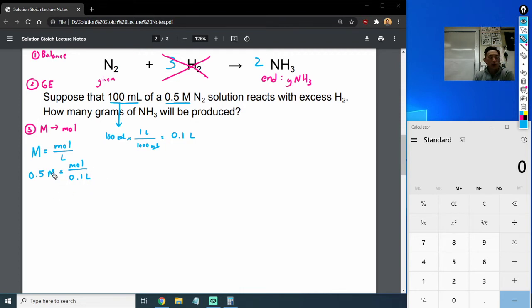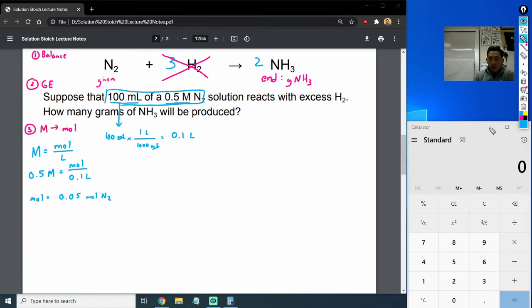So if you want to go through the calculations again, you can, just to make sure. But our answer here is that the moles is going to be 0.05 moles of N2. So that's going to be our step 3. What we did was we took the molarity formula and all this information about N2, and then we turned it into moles.